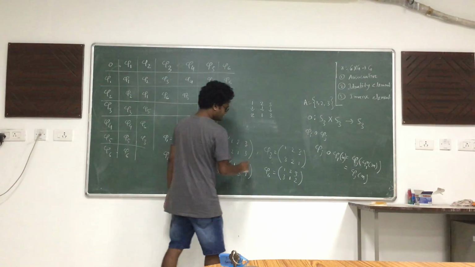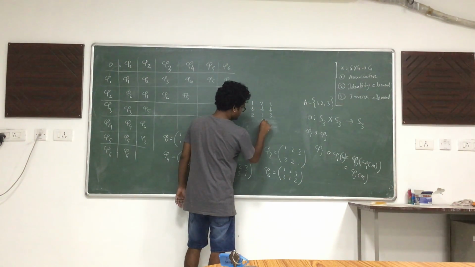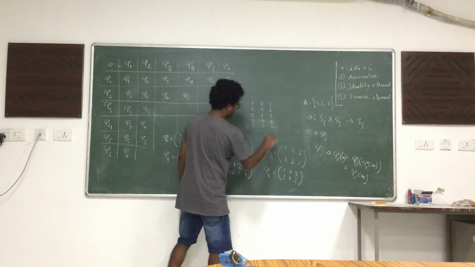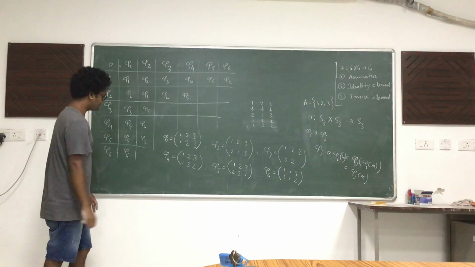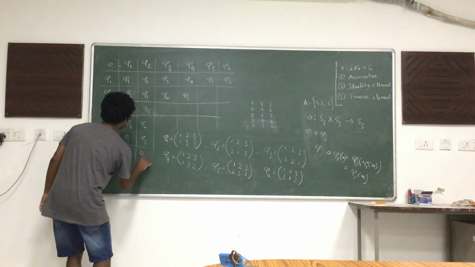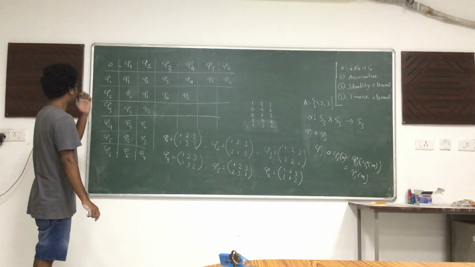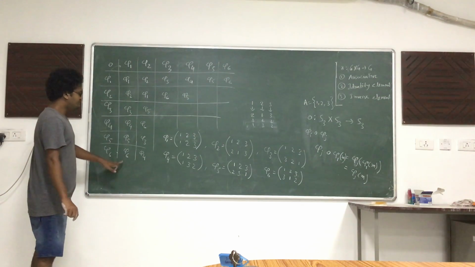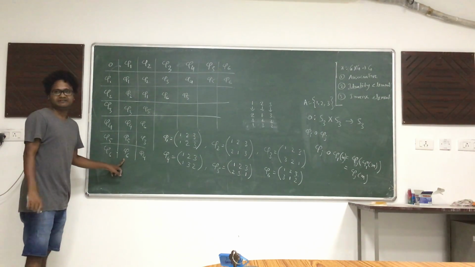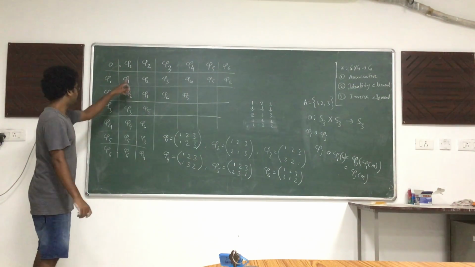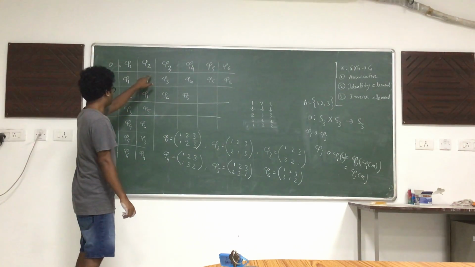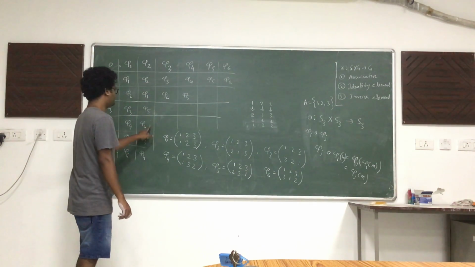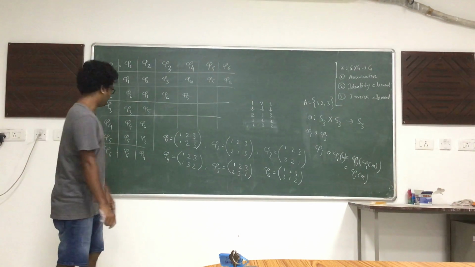Then phi 6: act phi 6 on it, 1 goes to 3, 2 goes to 1, 3 goes to 2. 1, 3, 2, phi 4. And one picture would be that these elements will appear exactly once. Here, phi 1, 2, 3, 4, 5, 6 will not be repetitive.